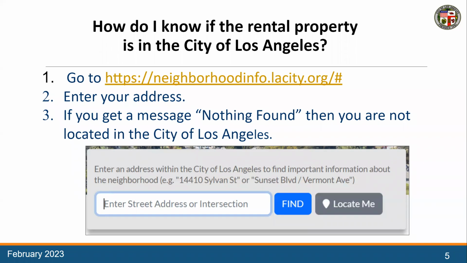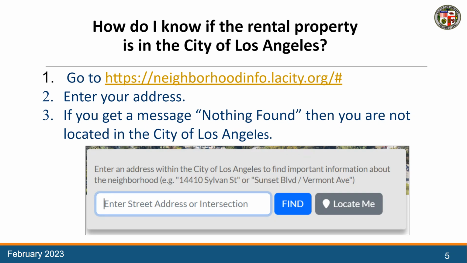If you're still not sure if your rental unit is located in the City of LA, you can look it up at a website. The website is neighborhoodinfo.lacity.org. Once again, that's neighborhoodinfo.lacity.org.